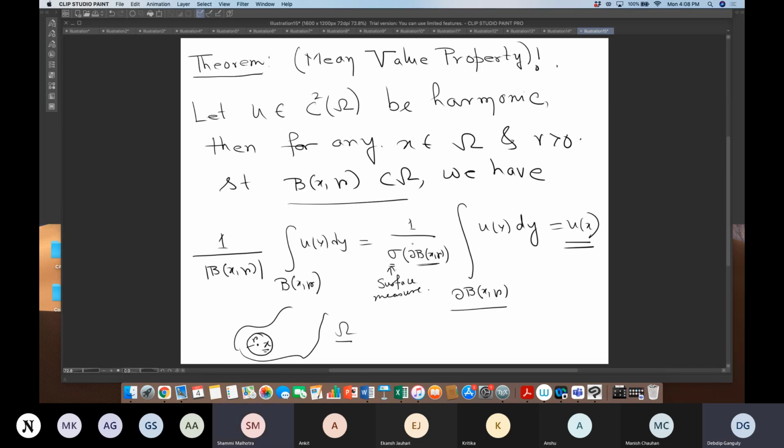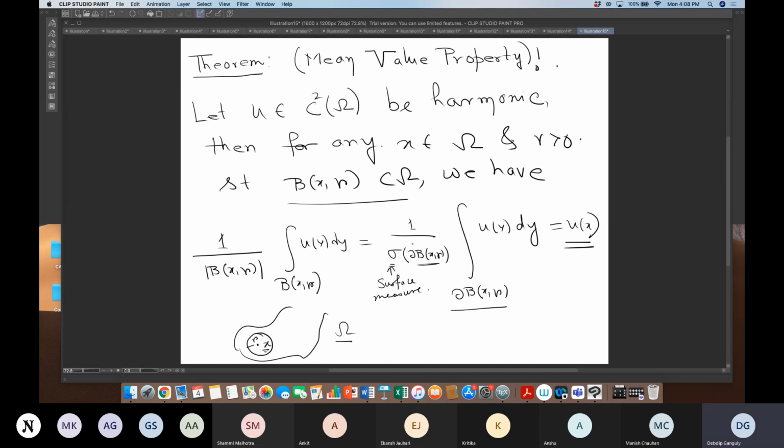You remember? Cauchy integral: 1 by 2 pi i, the integral over |xi| equal to r of f(xi) by (xi minus z), that kind of thing. Of course, it is not exactly like that, but very similar. If the function is analytic, then you can write f(eta) as 1 by 2 pi i times the integral over |xi| equal to r of f(xi) by (xi minus eta) d xi, right?